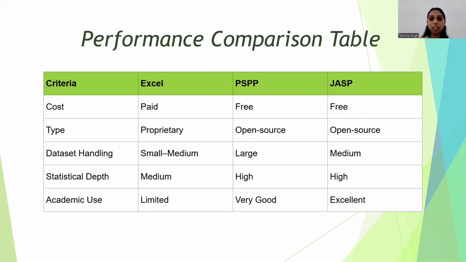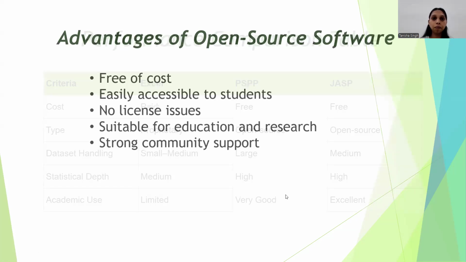PSPP can work on a large data set. Excel can work on a small data set, and JASP depends, medium, or you can even resize the data if it's long. Depth: medium, high. Academic use: Excel limited, PSPP very good, and JASP excellent.